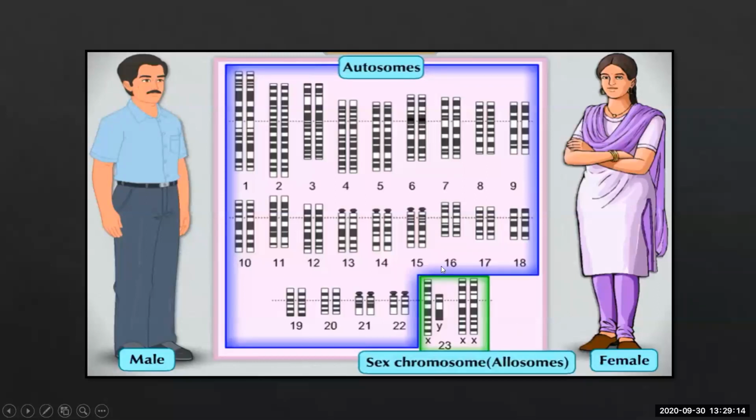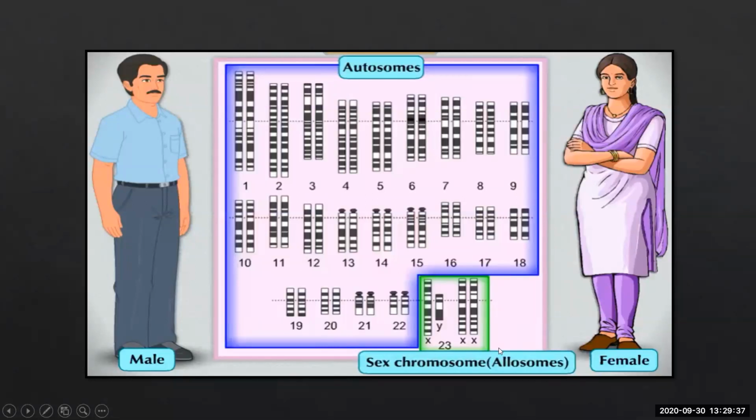And the last pair of chromosomes, that is the 23rd, is known as sex chromosomes. So 22 pairs are known as autosomes, and this one pair is known as sex chromosomes because it decides the sex of the human being.